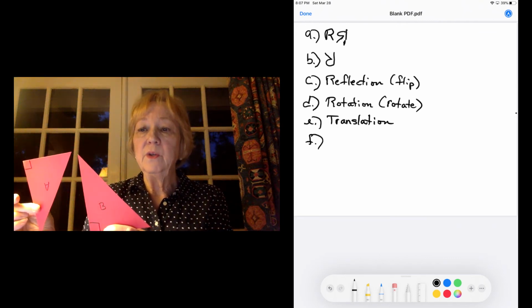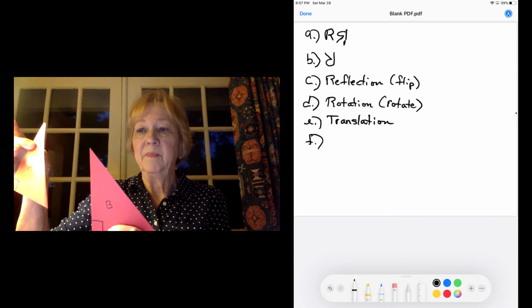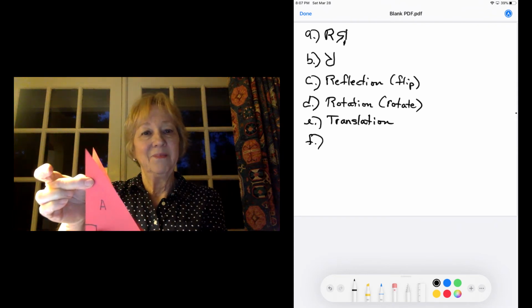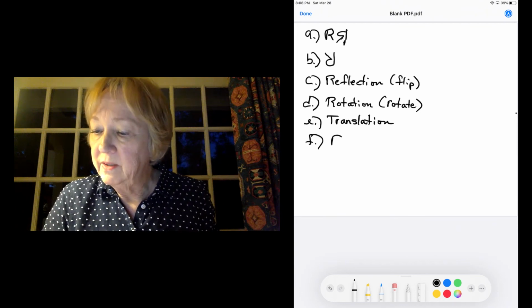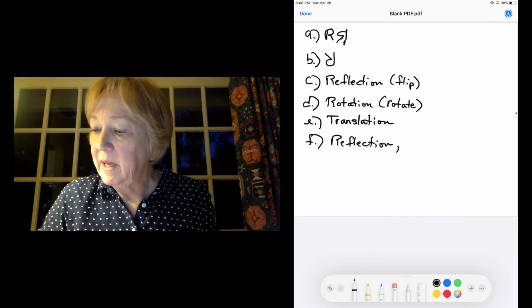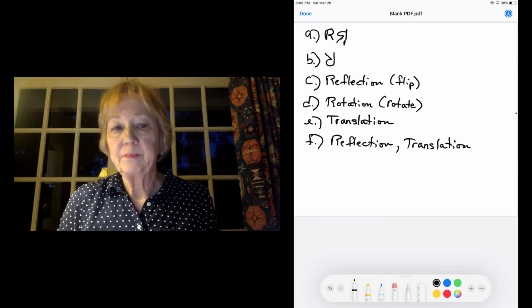Okay, the first way would be that we want to flip A up and then slide. So we could say reflection and translation, because first we flipped it and then we slid it.